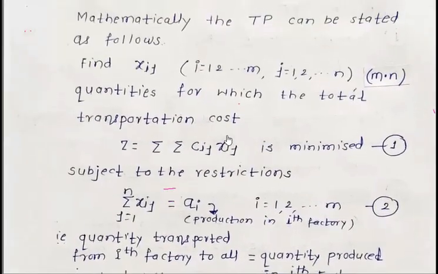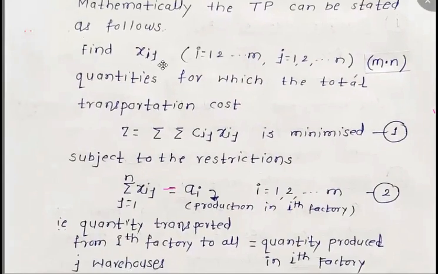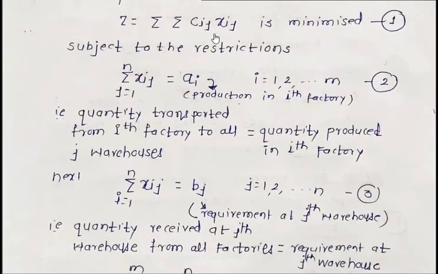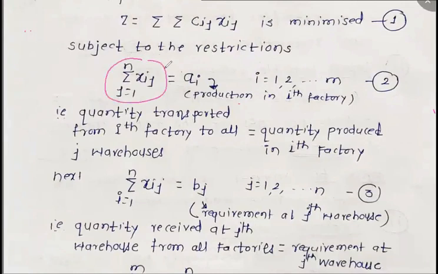So mathematically, the transportation problem can be stated as: determine xij, that is the quantity transported from the ith factory to the jth warehouse, such that the total transportation cost is minimized subject to the following restrictions. What are the restrictions? Summation xij, j equal to 1 to n, is ai. This restriction means the quantity transported from the ith factory to all warehouses is equal to the quantity produced at the ith factory.